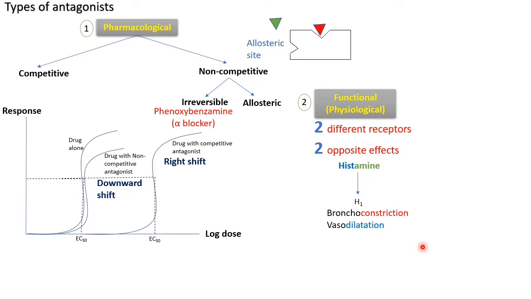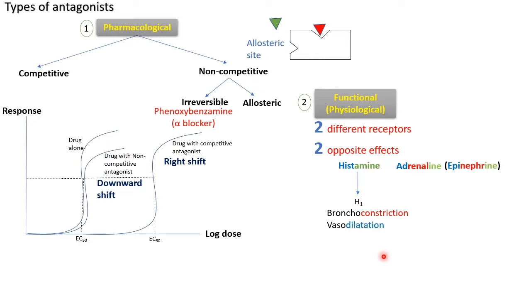And the treatment of this anaphylactic shock, the life-saving drug, is adrenaline or epinephrine. Adrenaline antagonizes this action of histamine, which is the bronchoconstriction and vasodilatation. But adrenaline doesn't block the receptor which histamine acts on.